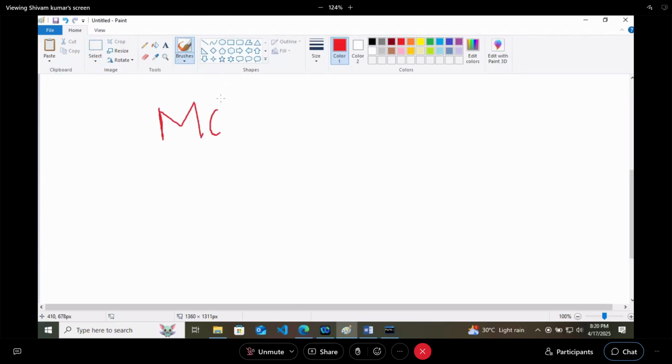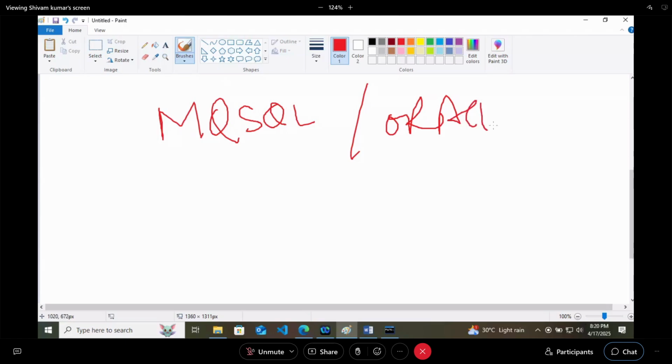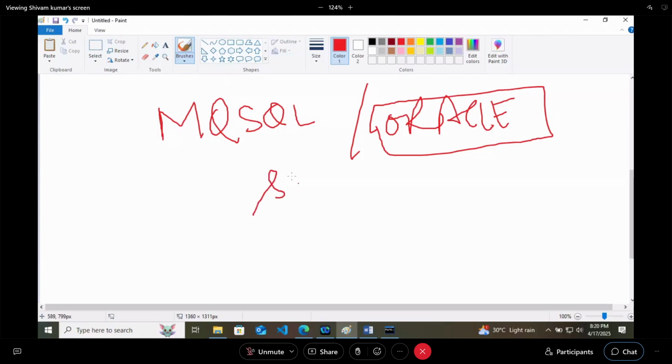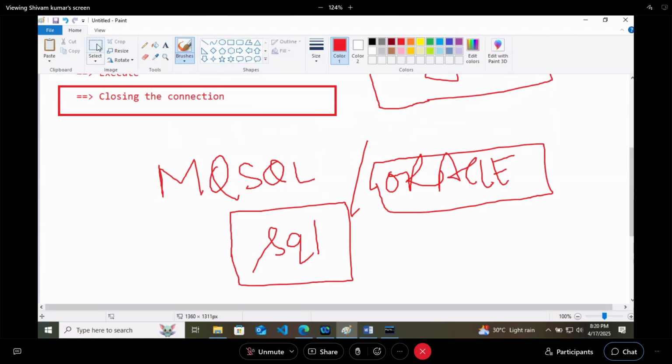Queries are the same by the way, and I will tell you the difference between Oracle and MySQL and what you need to change while working with Oracle. Both are using JDBC only. Both are SQL databases. SQL means Structured Query Language. So tomorrow we will discuss JDBC.